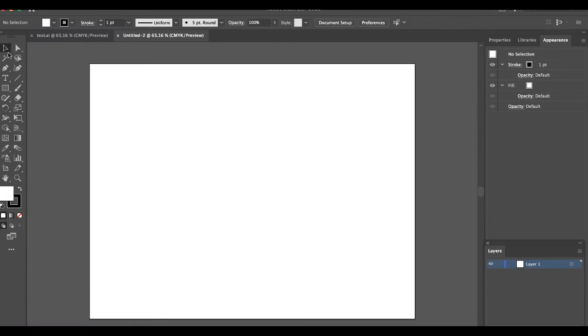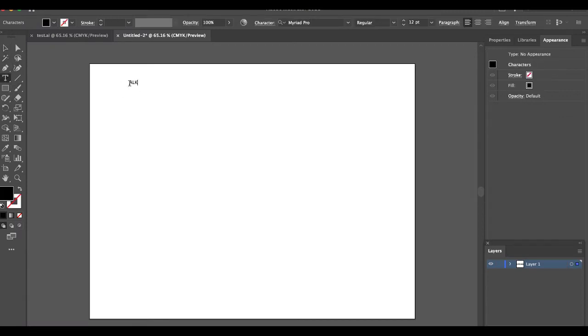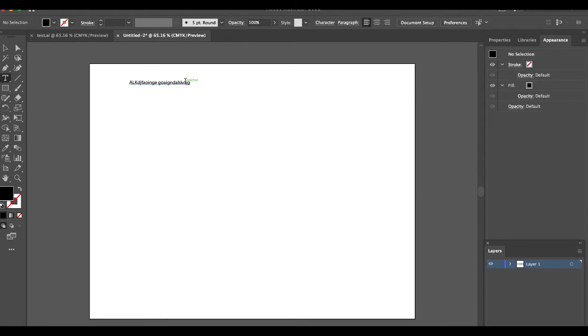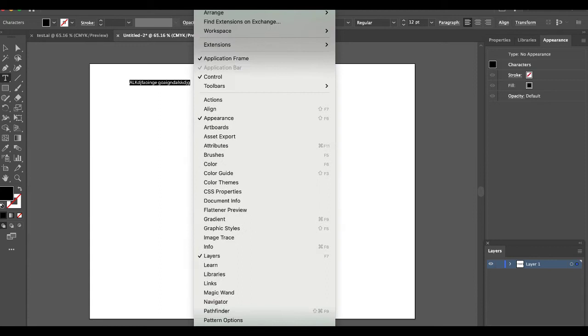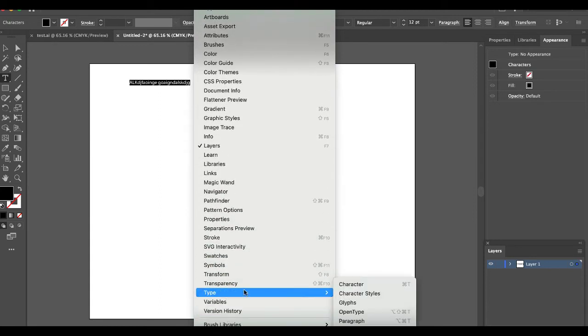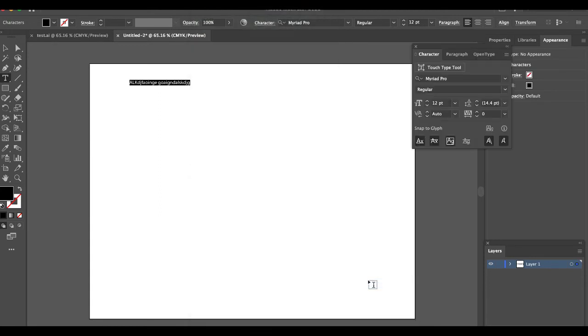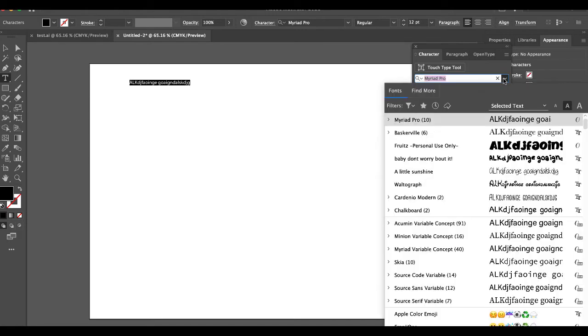Here we go. So, well, I guess I could have just left the lore maps in, but I'll do it this way. If we go into Window and Type, Character. So we have our font right here. The font family is the collection that includes all of the type styles.